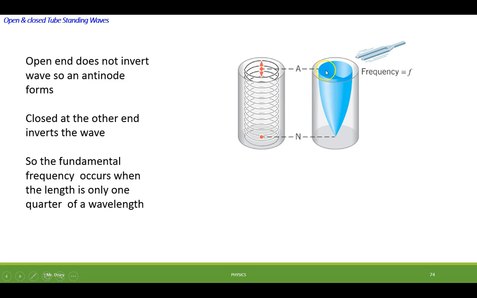So for the fundamental frequency to occur with an open and closed tube resonator, open on one end and closed on the other, it's only a quarter of a wavelength. So in other words, what length is this tube? It's only a quarter of a full wavelength. Okay?